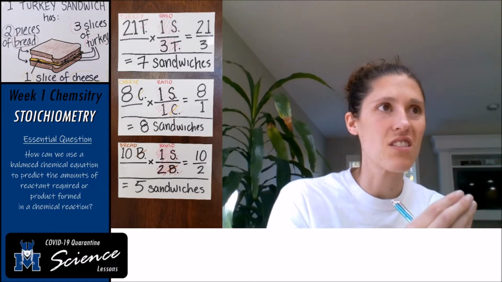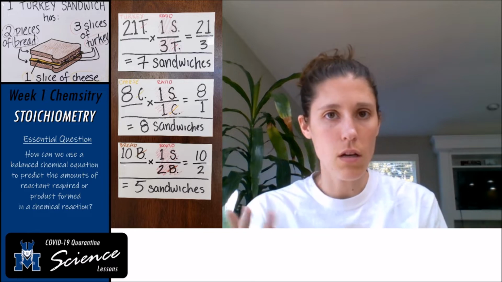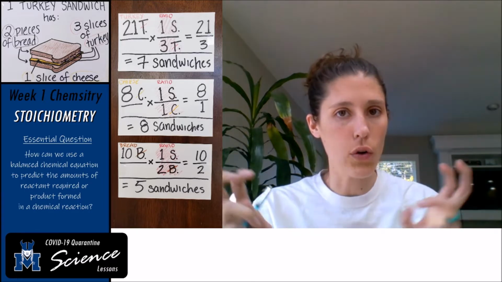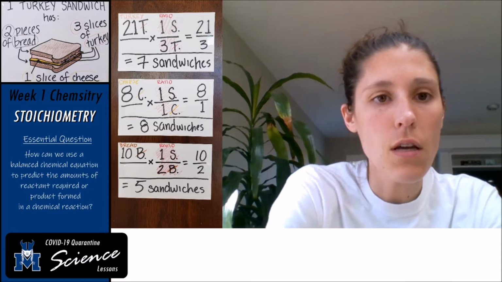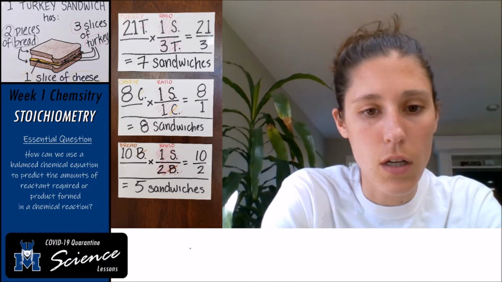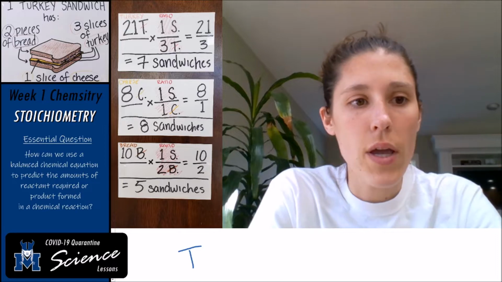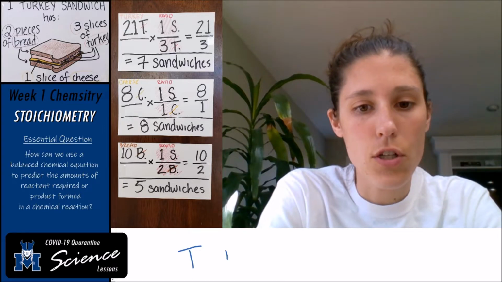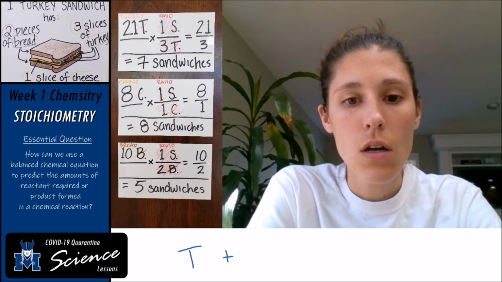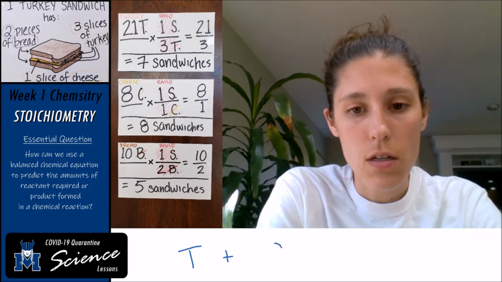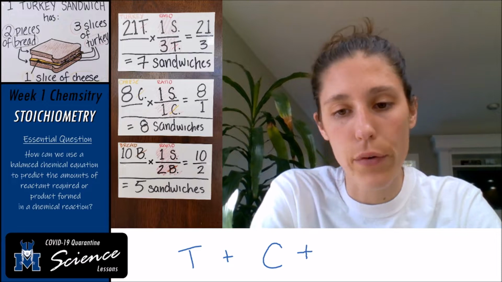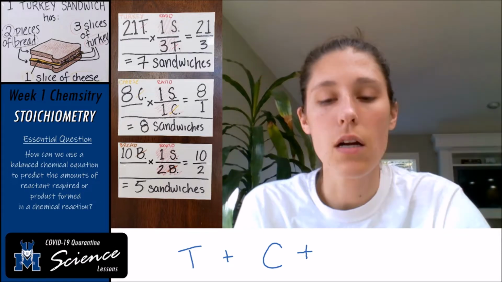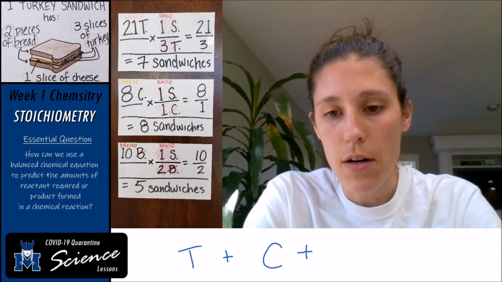Let's try to turn this sandwich recipe into a chemical equation. We can represent the turkey with a T. One of our ingredients, or reactants, was cheese, C. Our other ingredient, not really a reactant, but we're drawing a parallel here, was bread.